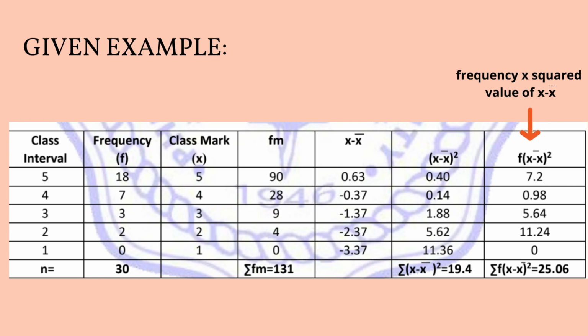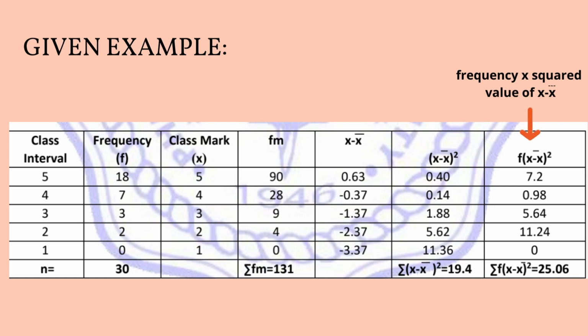So, 7, i-multiply natin sa 0.14, magiging 0.98. And then, yung 3, multiply natin sa ating 1.88, magiging 5.64. And then, 2, i-multiply natin sa 5.62, magiging 11.24. And 0, i-multiply natin sa 11.36, ito ay 0.